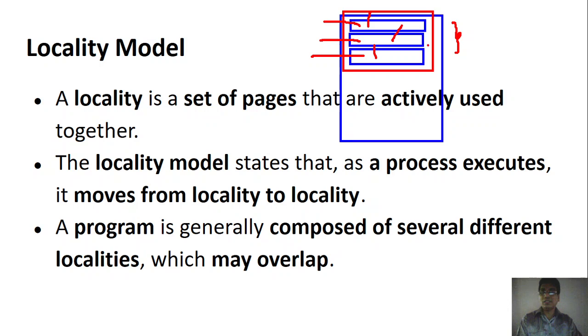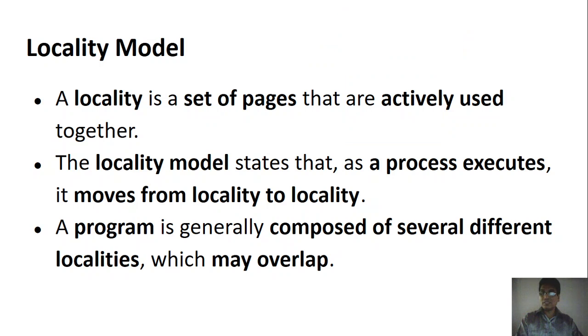So let's say all three pages are in the locality. So locality is nothing but a set of pages that are actively used together. A given process actively uses one set of pages, either 2, 3, 5, whatever it is, within a given time. There may be other pages which are required but are not being used.